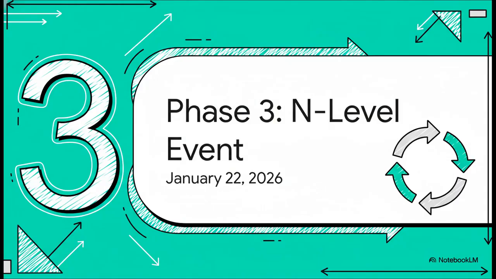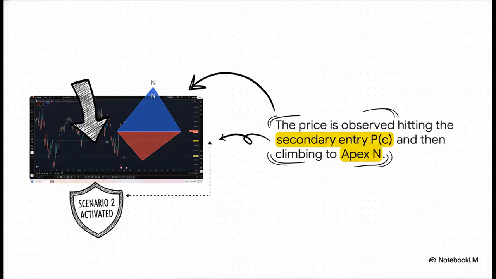And here's where the timeline gets pretty interesting. You see, the cycle doesn't just progress in a neat 1, 2, 3 order. The documentation shows that after Phase 1, the very next event to happen was actually Phase 3. And this took place on January 22nd. This slide shows us exactly what happened next. We can see the price drop down to hit that secondary PC level. According to the plan, this is what activated Scenario 2.